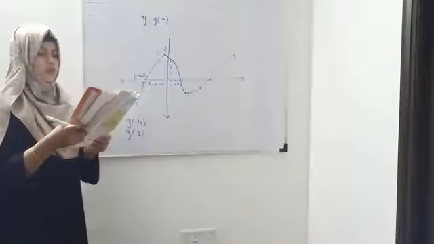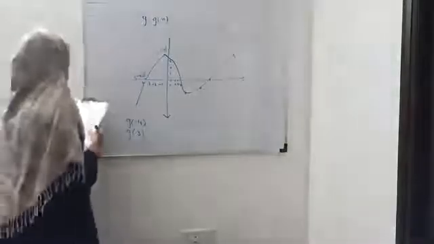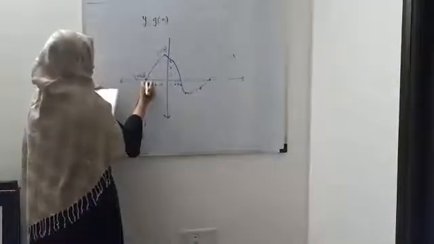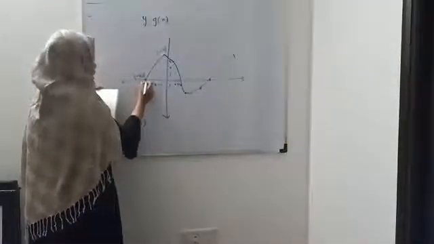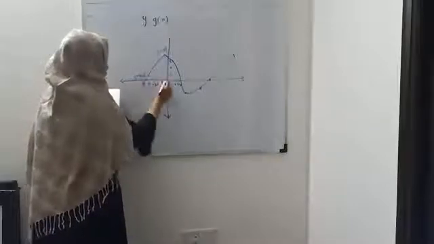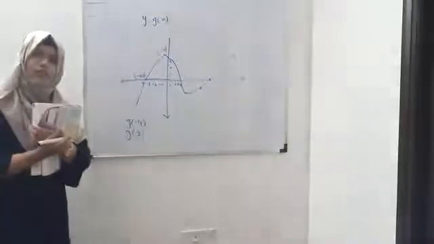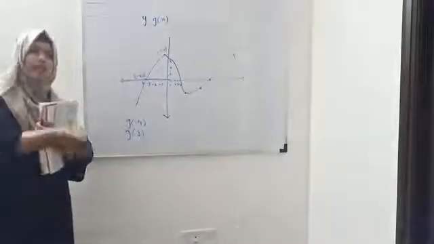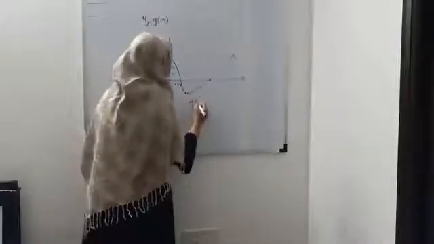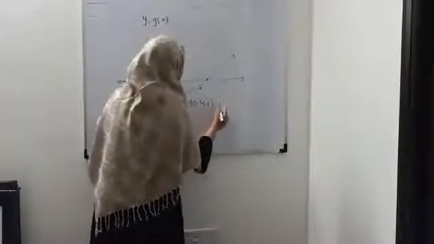Clearly from here you can see at x equal to minus 4, it will lie on this. On the x axis the value of y is always 0, right? And on the y axis the value of x is always 0. So here you have to find g of minus 4, which is equal to y, right?